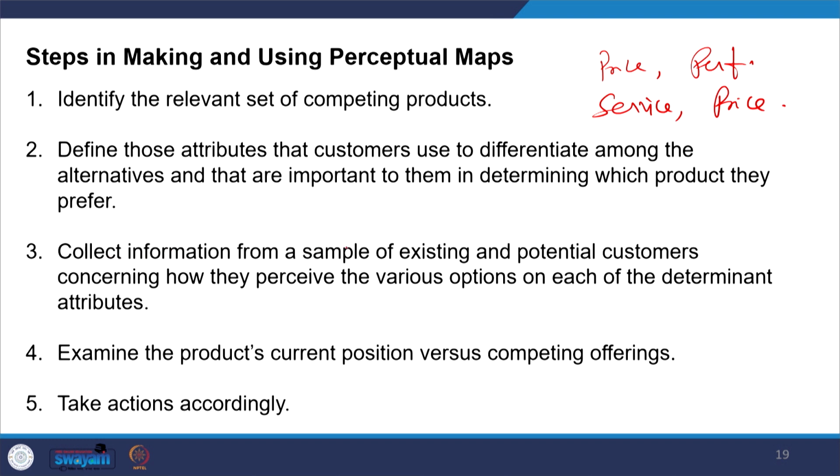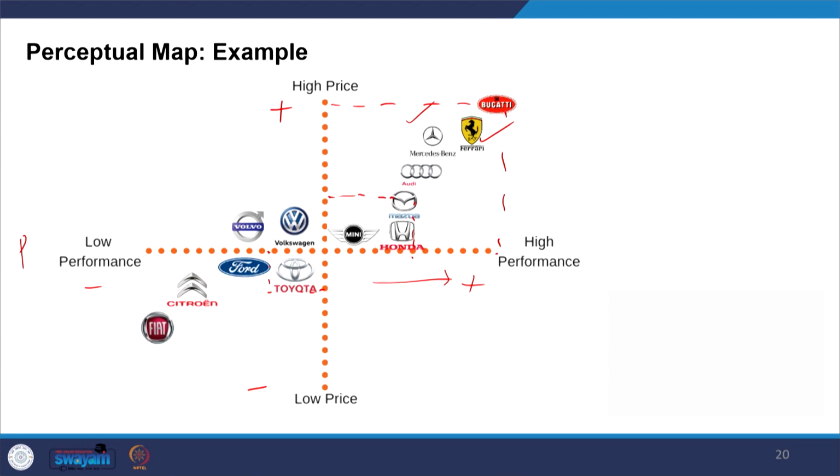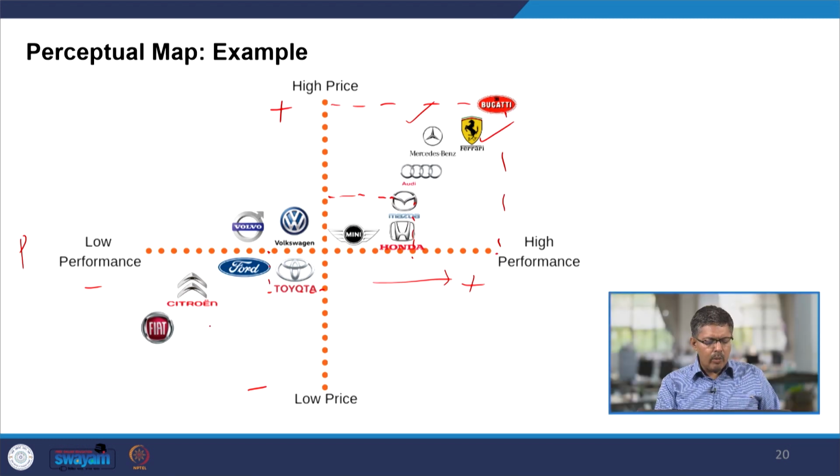Then collect the information from a sample of existing and potential customers concerning how they perceive the various options. After understanding these two points that we are interested in, we will try to see how customers perceive these brands or products. Then examine the product's current position versus competitors' offerings, and then you can take action. Suppose we come to know that some brand is not doing so well in terms of performance and price.